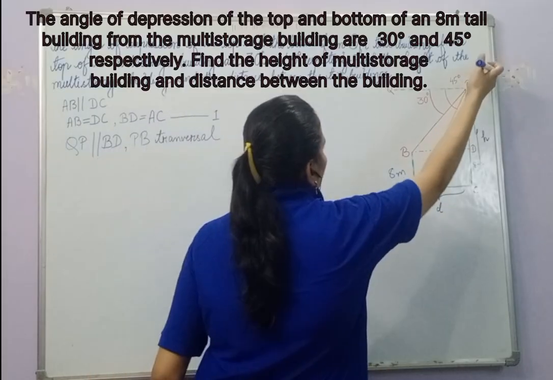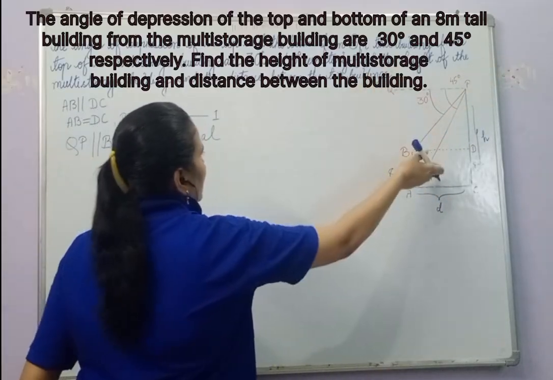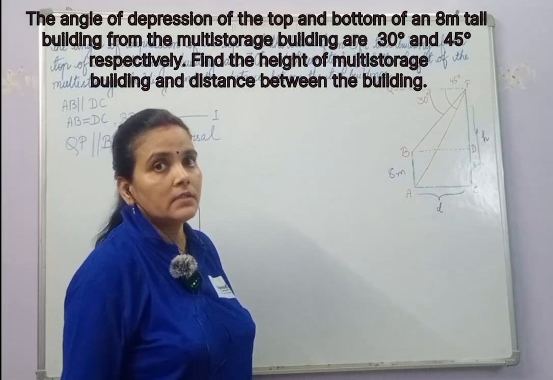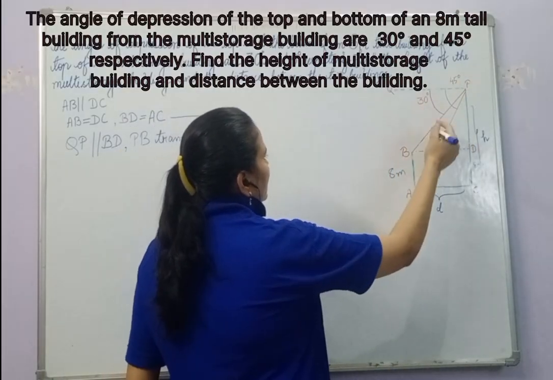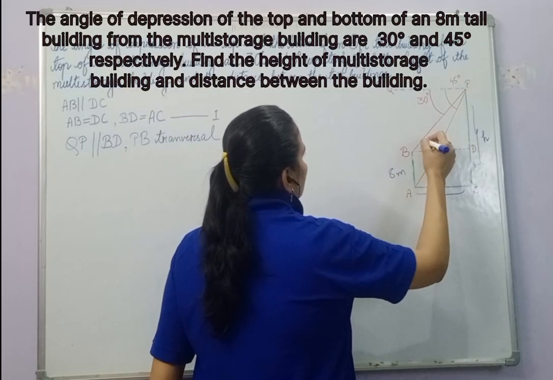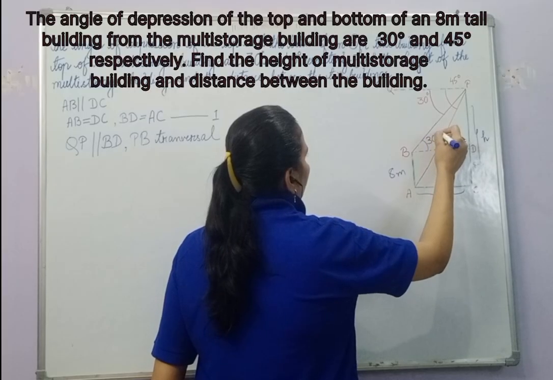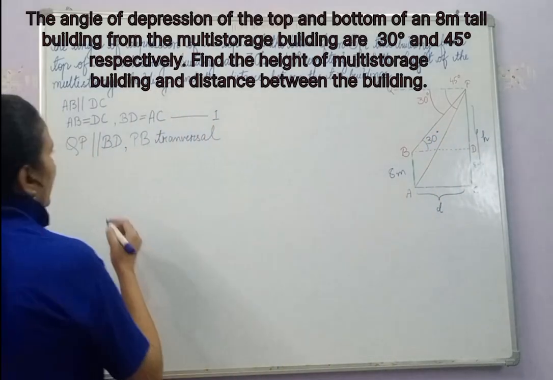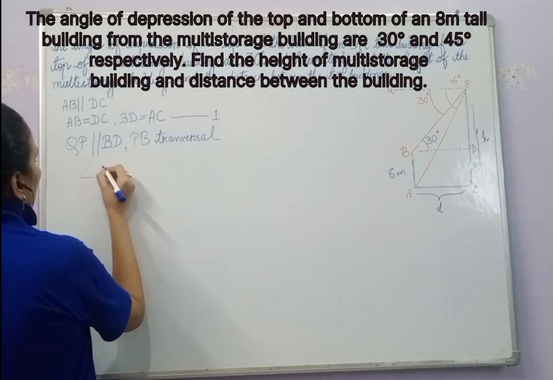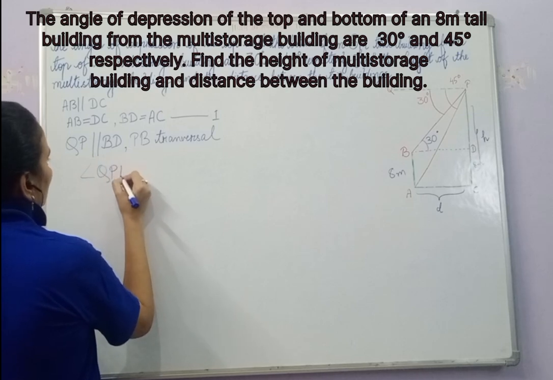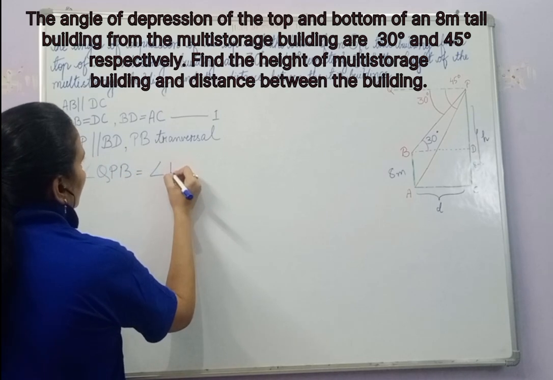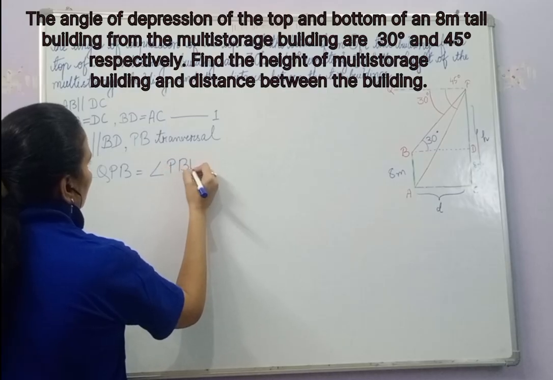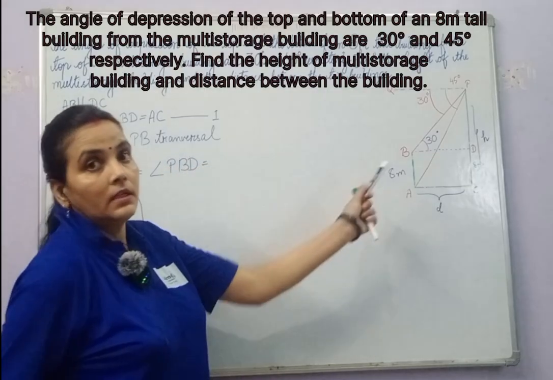If any transversal line passes through two parallel lines, the alternate angles are equal. So QPB is 30 degree, so PBD will also be 30 degree. Clear? So we'll write angle QPB is equal to angle PBD, which is 30 degree.